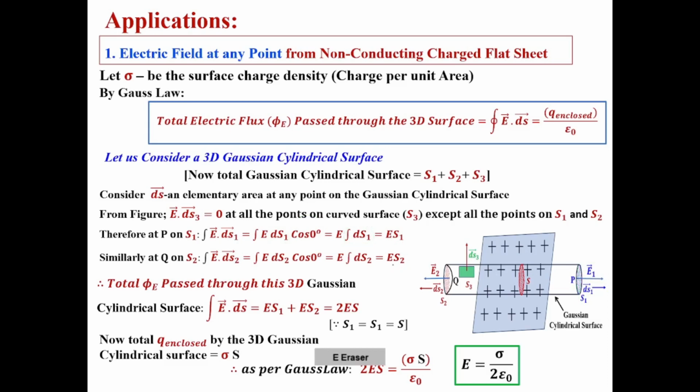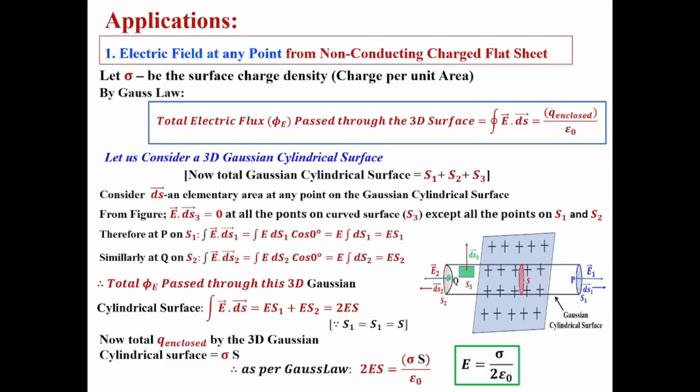So we found that the total flux passing through the surface S1 is ES1. Similarly, we can find the total flux passing through the surface S2 will be ES2. How is it?